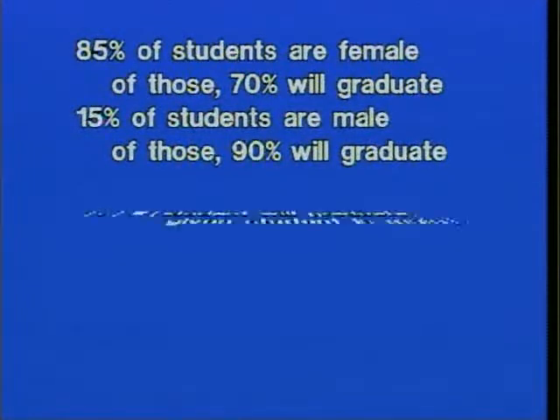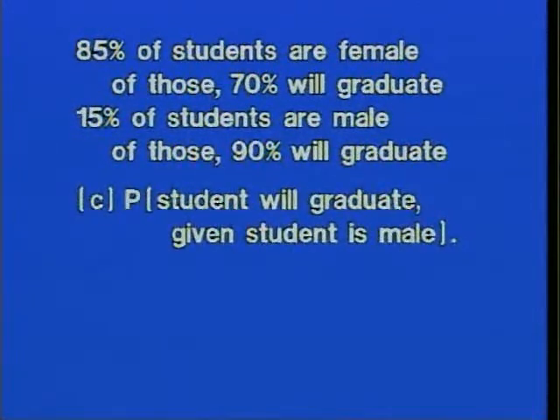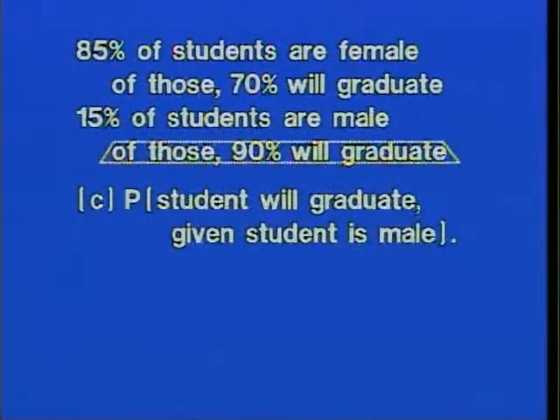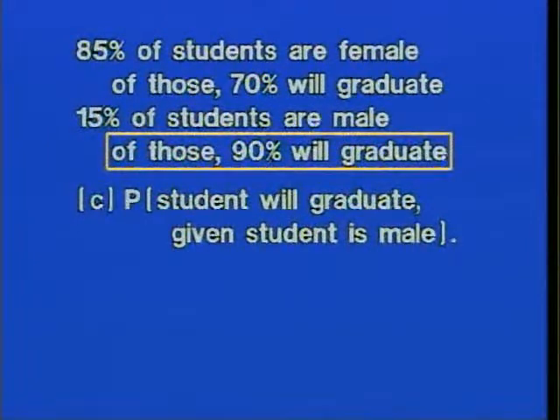Here's our original outline, and let's consider another problem. The probability that a student will graduate given that the student is male. Very similar to an earlier problem involving the females, but we want to work through this in a similar way that we did before. Actually, the probability number is given in the outline because we're told here that of those male students, 90% will graduate.